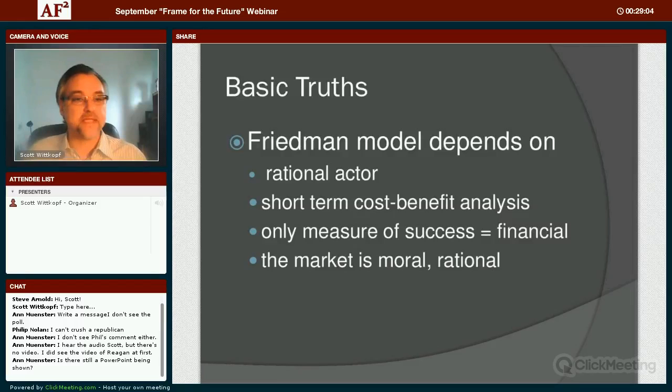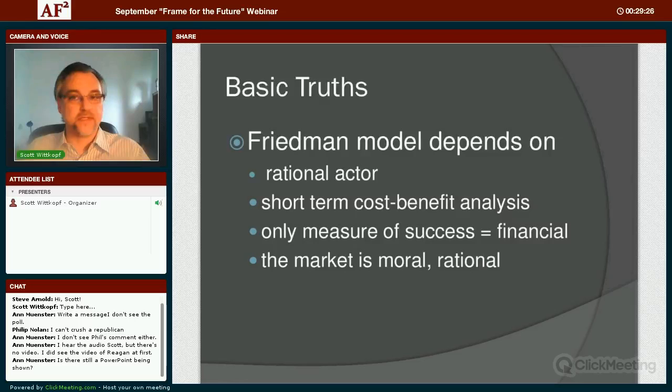The other thing it depends on is this idea of short-term cost-benefit analysis. What that means is that everything is based on the idea of: is the cost of this going to outweigh the benefit?